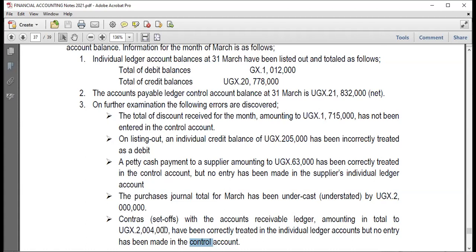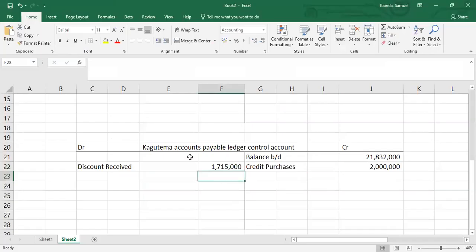So what I mean is that since they had not made any entry in the control account, this value should actually be entered in our control account. And the side it should be entered on is the side in which it reduces our creditors balance, which is this side, okay?